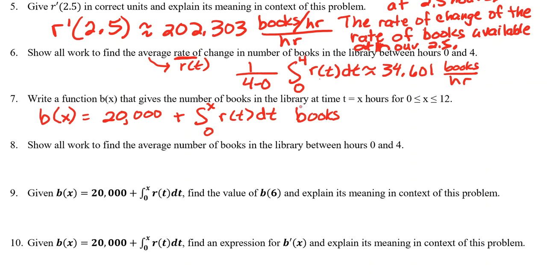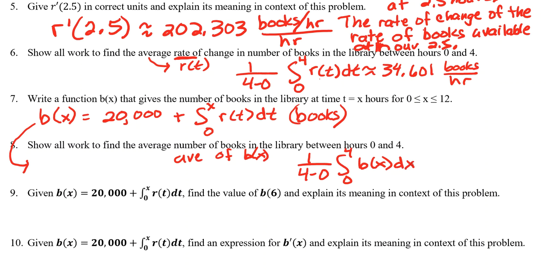All right, so this would be in books. Show the average number of books. So now once we have a b of x function, now we want the average number. So we want the average value of b of x over our 0 through 4. So it's what we did up above, but this time we're doing the average value of our b of x function.